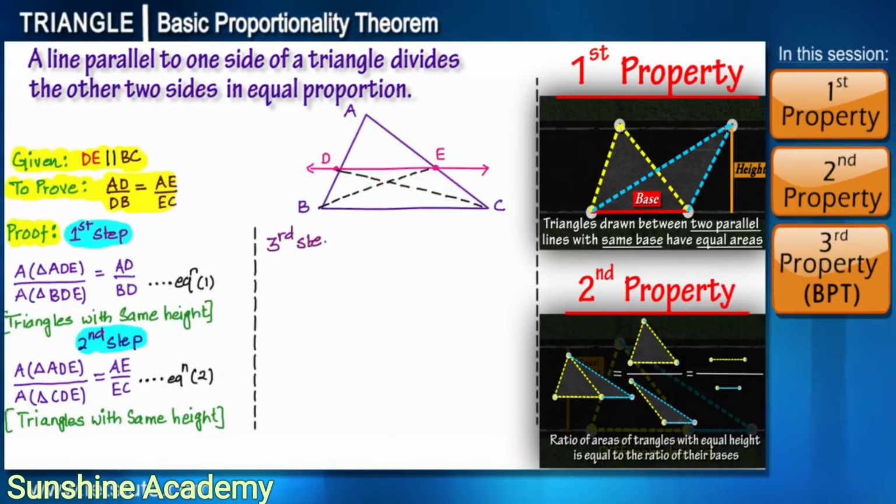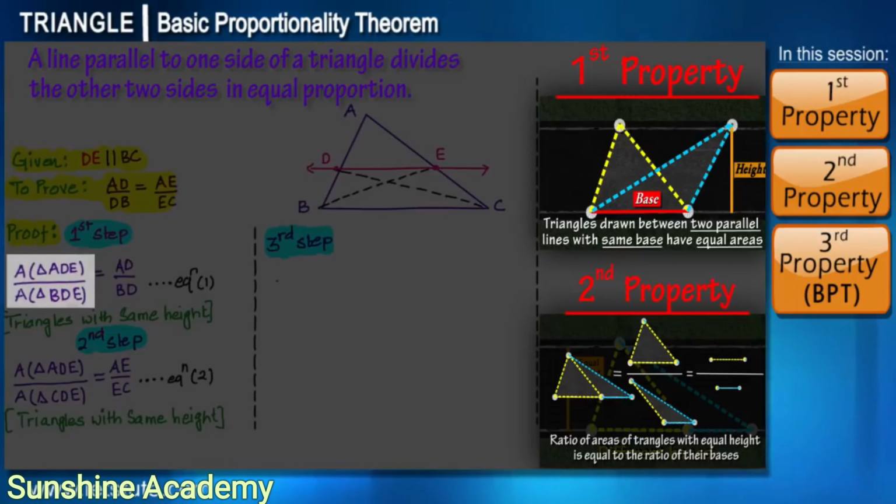Now, the third and final step. As we can see that in both the equations we got AD upon BD and AE upon EC. But we have to show that these two ratios are equal. So, if we see the left hand side of the equation number 1, it is ADE upon BDE, whereas left hand side of the equation number 2 is ADE upon CDE.